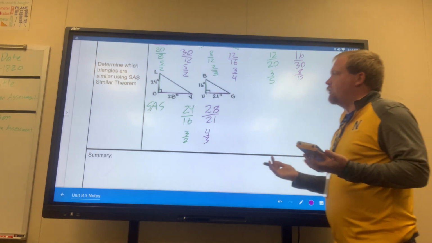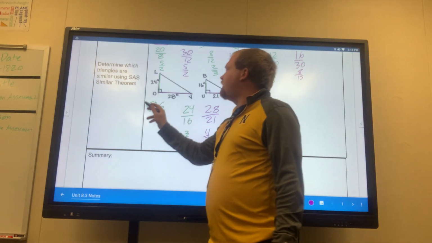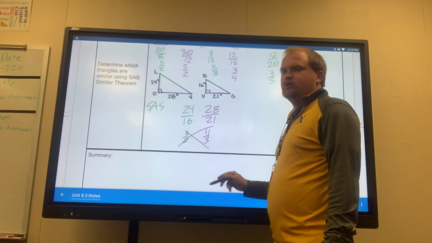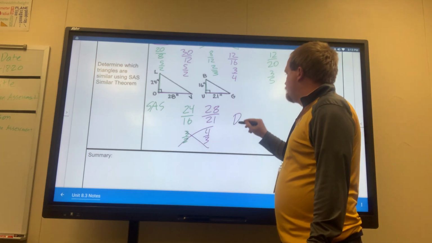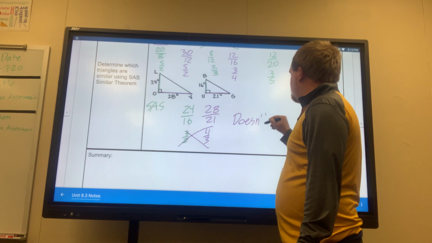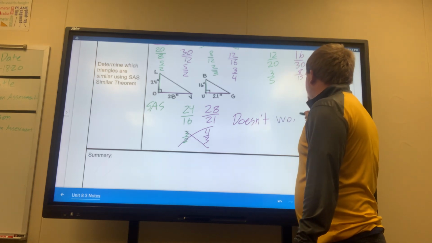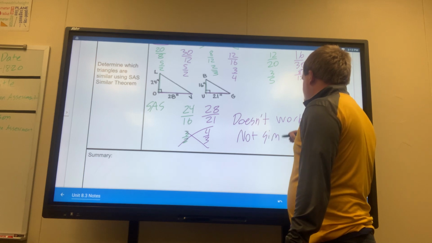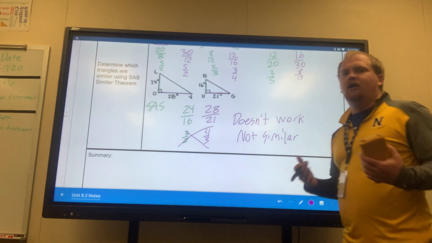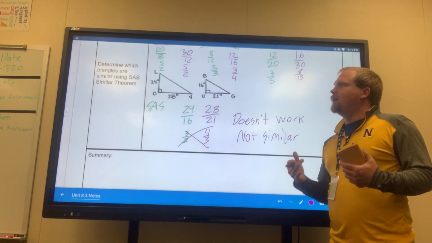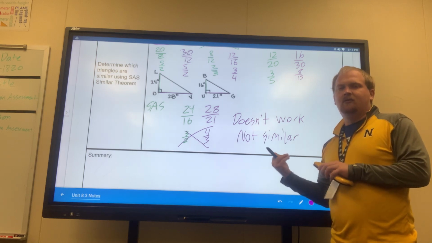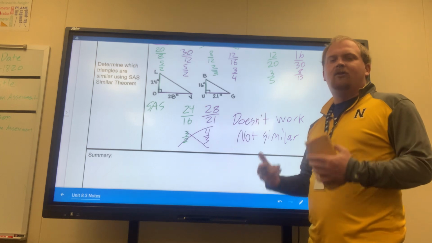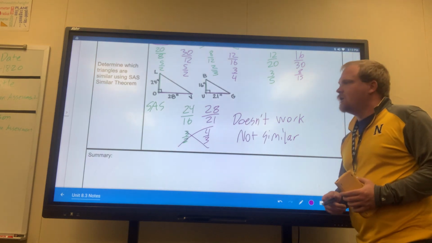Okay, so while we do have side angle side here, because these are not proportional, it doesn't work, and the triangles are not similar. So you have to be aware of the possibility of it not working.